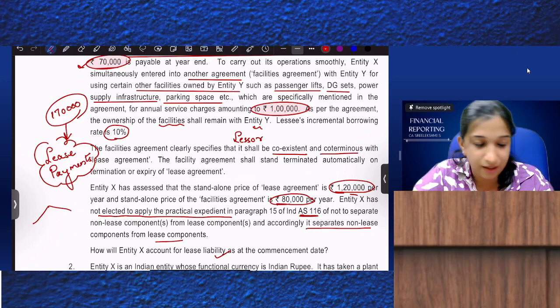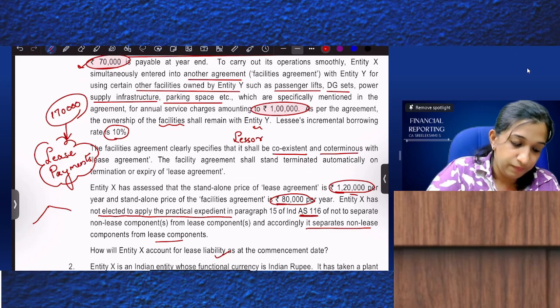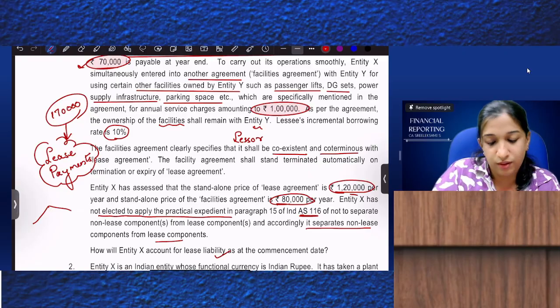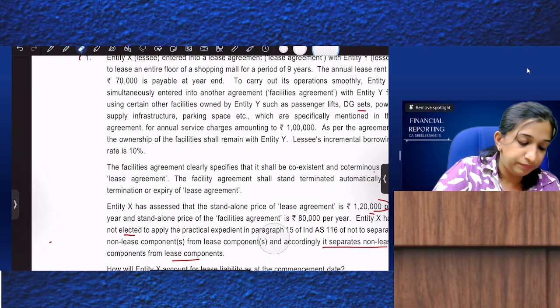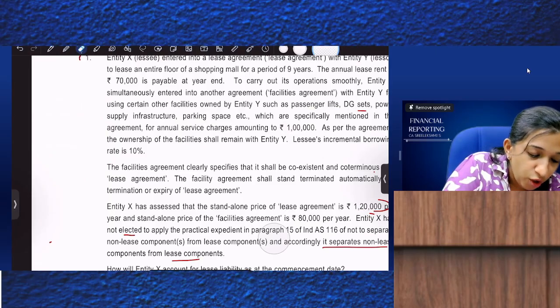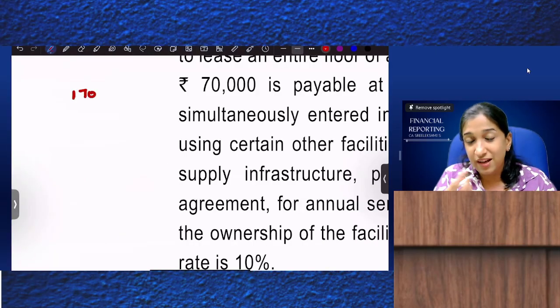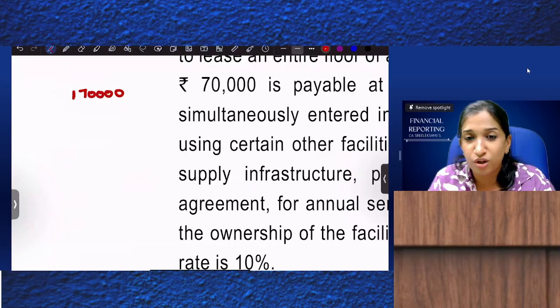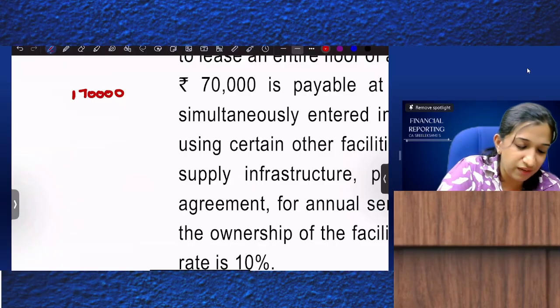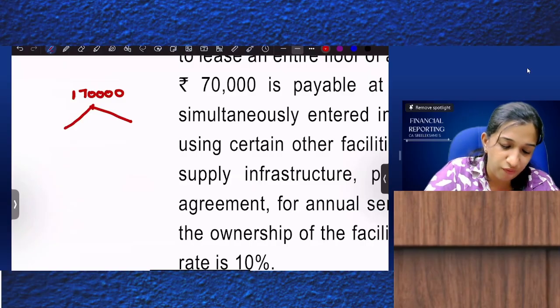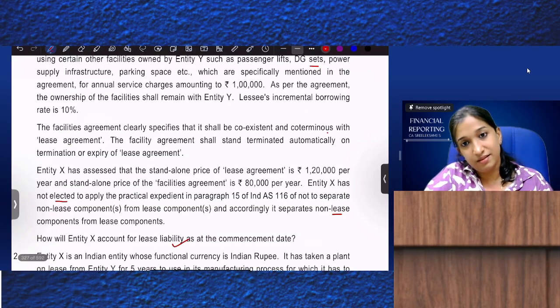So how will this be accounted? Total payment is 1,70,000. You might think 70 for the lease agreement and 1 lakh for the other, but that is not the way you should do it. The 1,70,000 you should divide in the ratio of standalone prices.